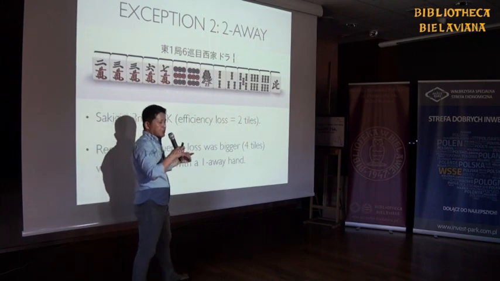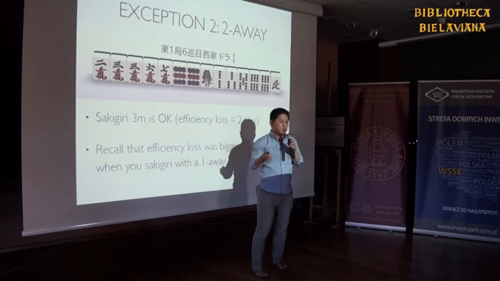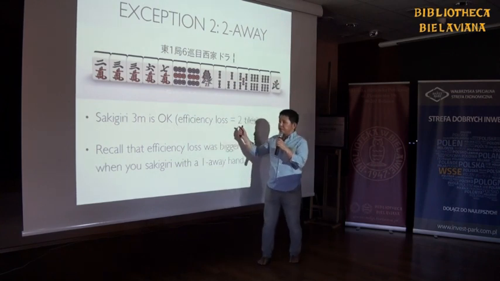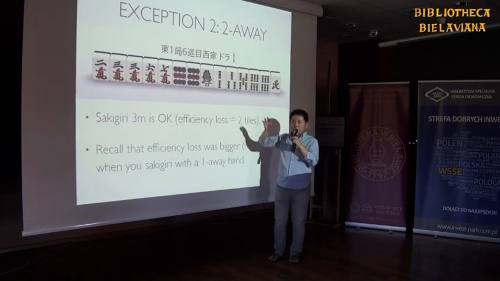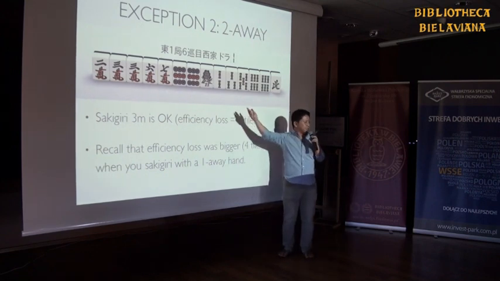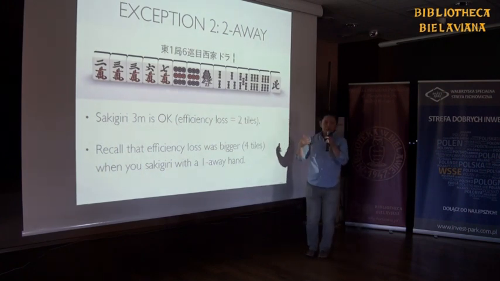As you get closer and closer to tenpai, tile acceptance gets smaller and smaller, so the difference in tile efficiency becomes more and more critical. But when you're far away from tenpai, sakigiri is okay. You don't have to do it, but if you do it, it's not the end of the world, right? But once you get 1 away, you probably shouldn't do sakigiri, except in exceptional situations.